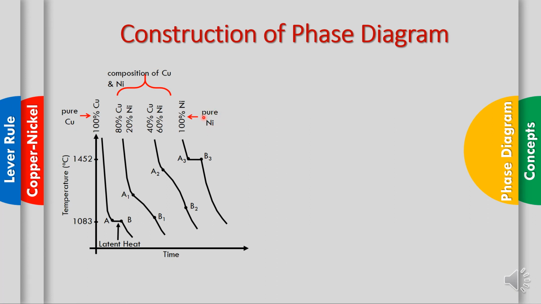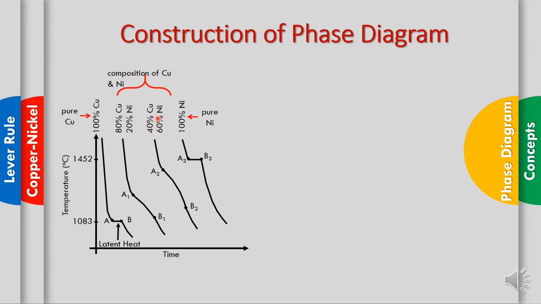In terms of composition, we will divide into four compositions, starting from 100% copper, whereby zero nickel is present. Then we have 80% copper plus 20% nickel, and also 40% copper and 60% nickel.